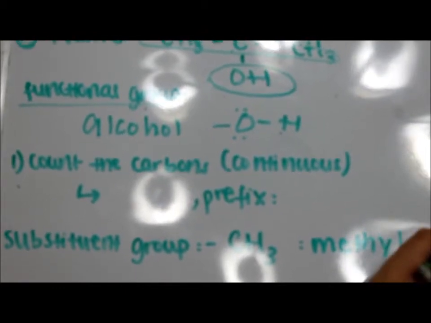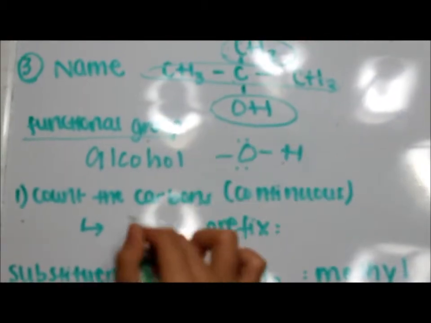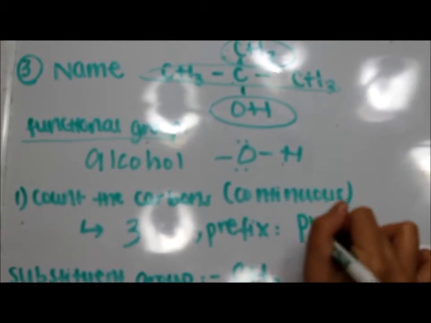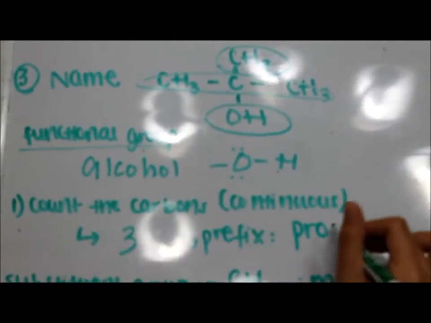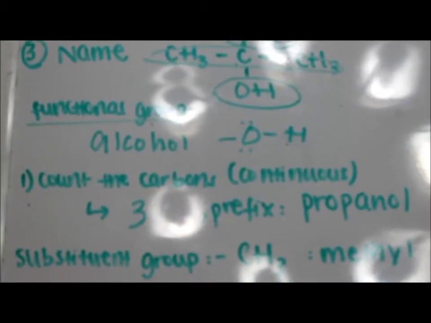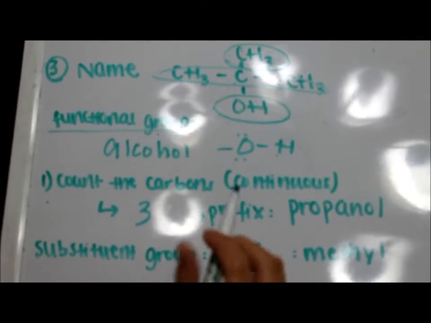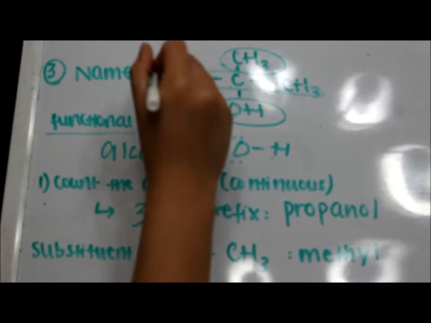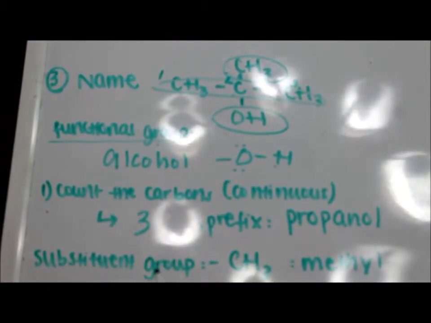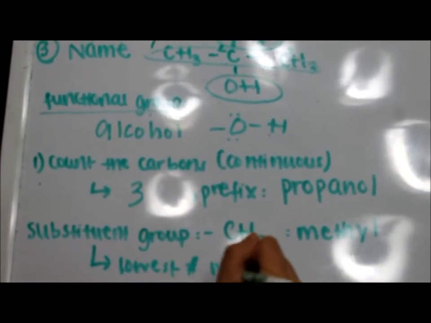Now we know that there are 1, 2, 3 carbons, so the prefix is prop. Since it's an alcohol, we know this is propanol. Now we're ready to name our alcohol. First, as always, we're going to start with the substituent, and we're going to number the carbons 1, 2, 3 so that the substituent has the lowest number.